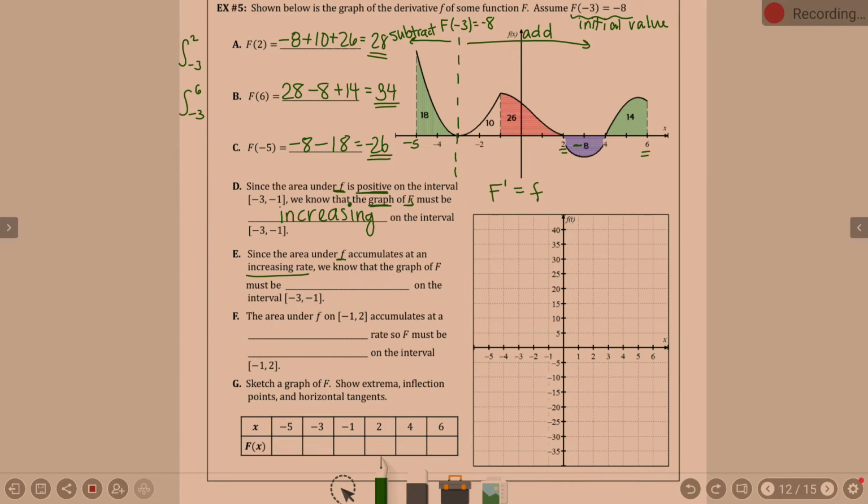And that's going to tell us what? Concavity. And since this is an increasing rate, we are talking about being concave up. Because remember, a second derivative is derivative of the derivative, right? So it's the rate of a rate. So here it's an increasing rate.